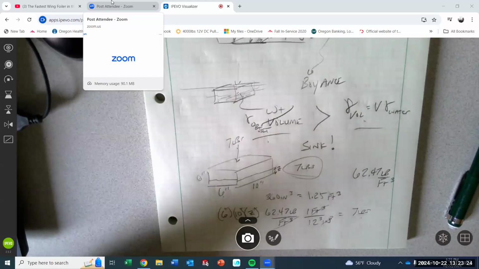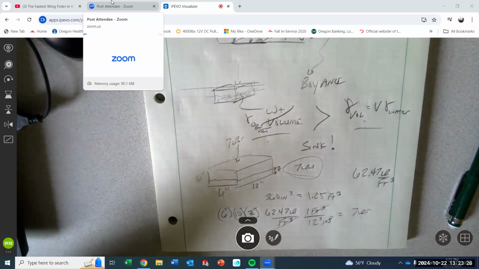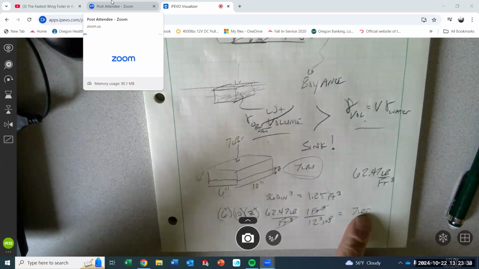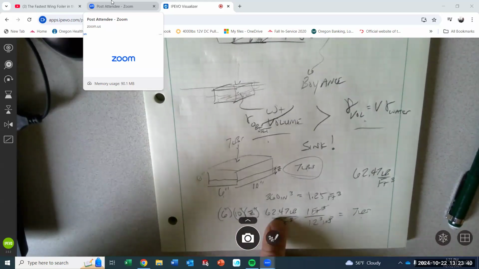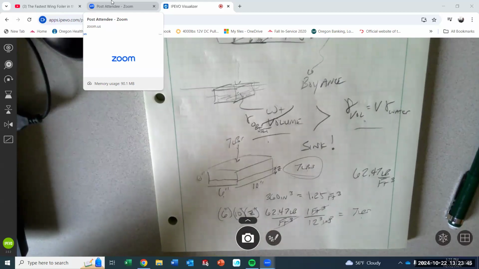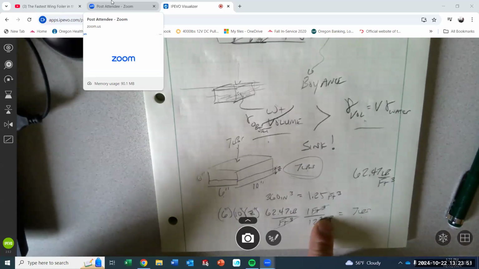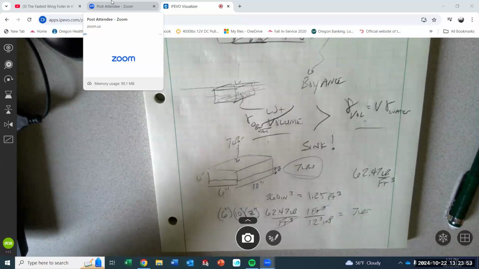So I can calculate that fairly quickly, I think. I'm dividing the 7 by 6 and 10 and 62.47. Then I have to multiply by 12 to the third.